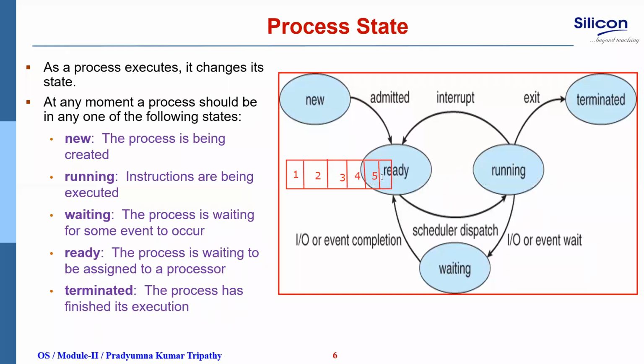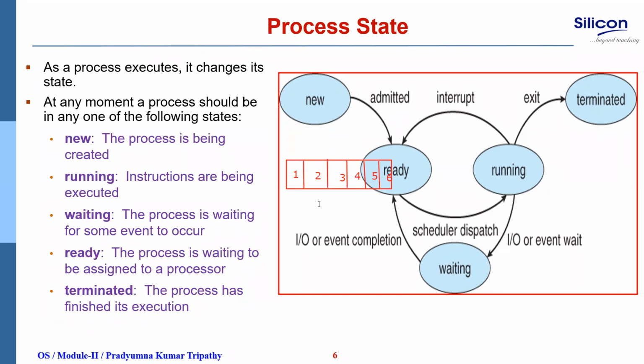Suppose here I have 6 processes, all of them in the ready queue. To make the processor always busy, suppose I give process 2 for execution. It is executing, but if any IO occurs, like printf or scanf, at that time the processor is not doing anything. So to make it busy, I will send some other process over here.